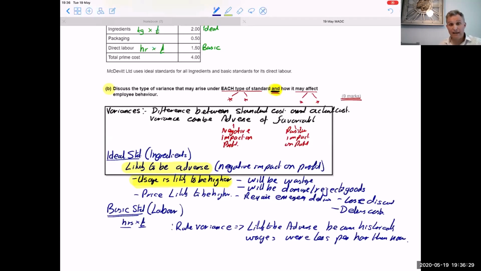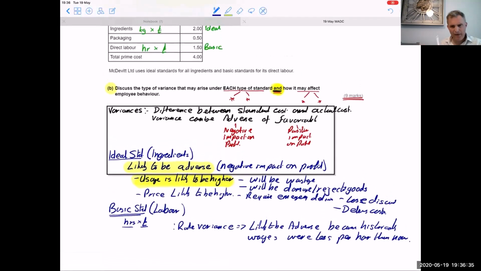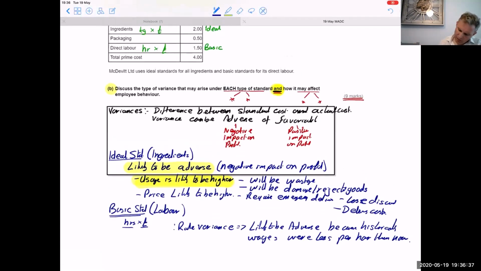Okay, that to me makes sense. Okay, so I'm likely to have a rate variance that's going to be adverse. But what about the number of hours? Okay, so what about our people's efficiency?